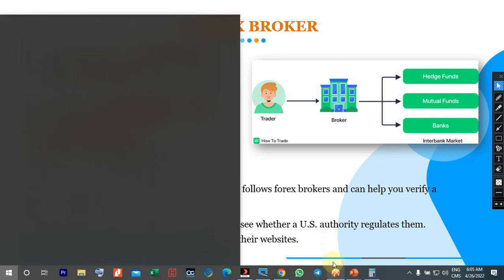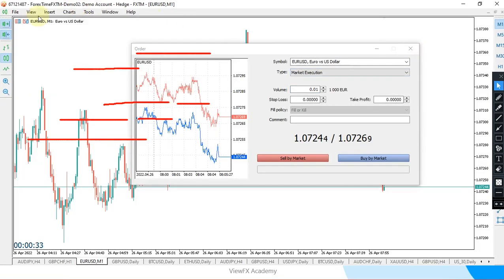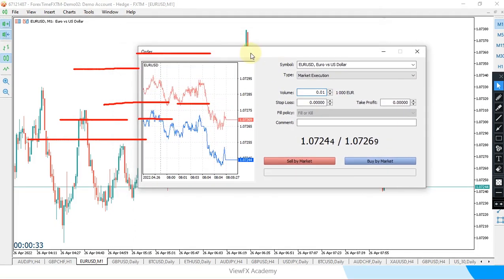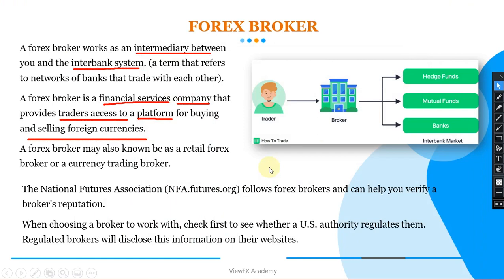So here I have a platform that I use for buying and selling. It was provided by my broker. So without the brokers, I as an individual will not be able to trade the forex market. A broker may also be known as a retail forex broker or a currency trading broker.